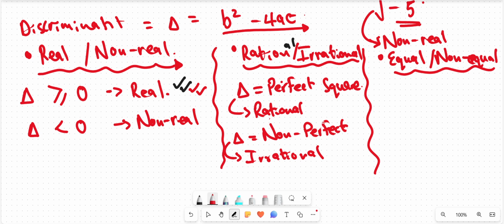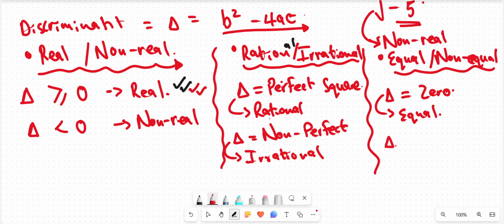Actually, for it to be equal, this discriminant has to be equal to 0. So if the discriminant is equal to 0, we know that the roots are equal.